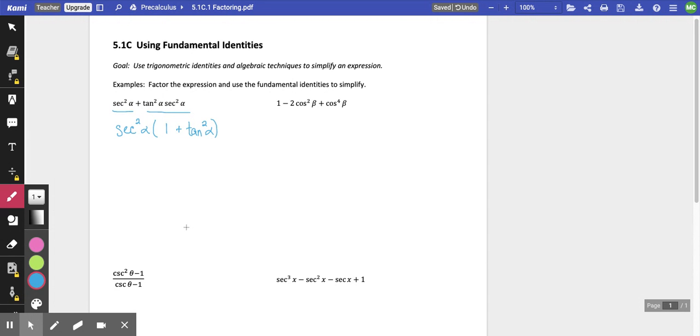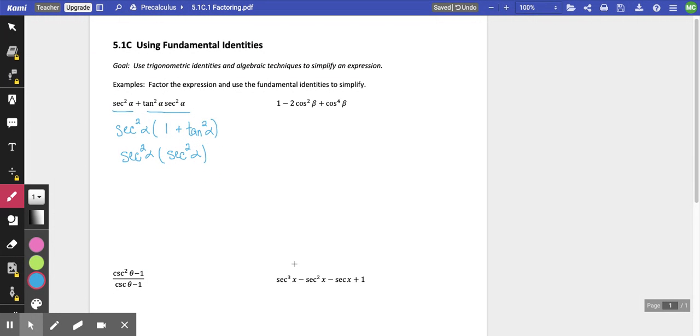Now once I've got it factored, I may find that some of the identities that I'm familiar with already can now be applied. Like I know that 1 plus tangent squared of alpha is the same as secant squared of alpha. So now I could rewrite this as secant squared of alpha times secant squared of alpha.